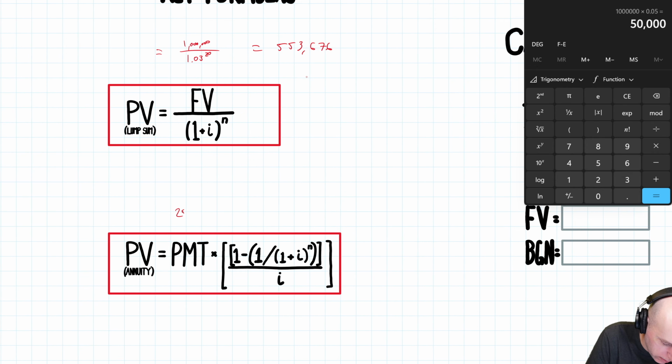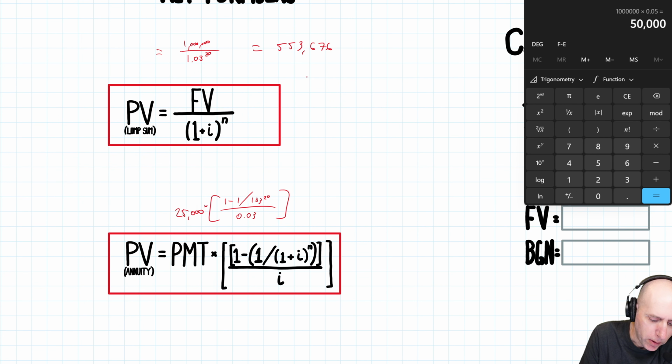Let's do it this way. 25,000 times 1 minus 1 over 1 plus i to the n, which is 1.03 to the 20th power, all divided by 0.03, our i.